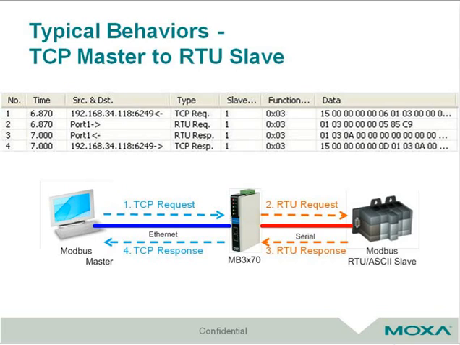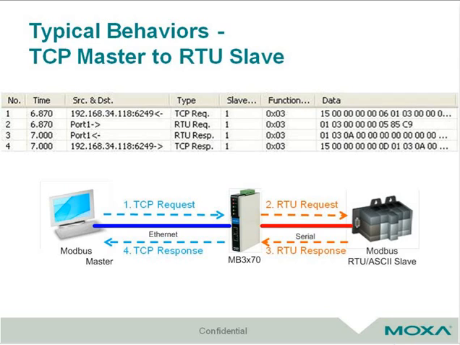The first one is the Modbus TCP master to a Modbus RTU slave. The first record is the TCP request from the TCP master. You can see the IP address and the TCP port. This is a TCP request in the type column. Then the slave ID, function code, and other detailed information.